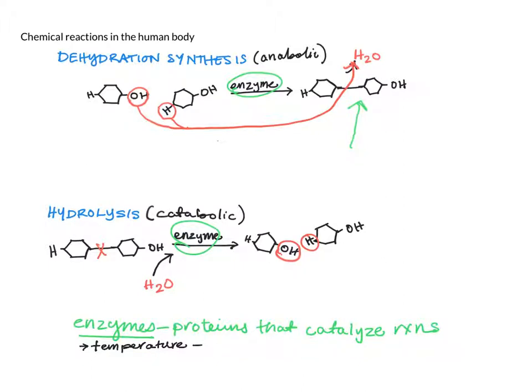So warmer equals faster until it gets so warm that my enzyme actually falls apart. And if the molecule can't hold together, it can't catalyze the reaction until the enzyme, I'm going to use this word denature because that's what I am really talking about when I say the enzyme falls apart, till enzyme denatures.